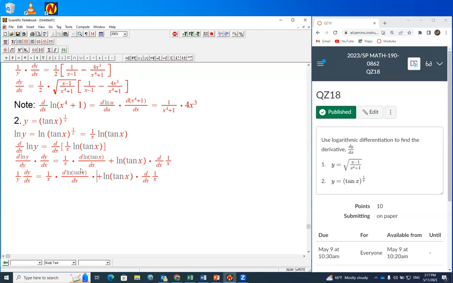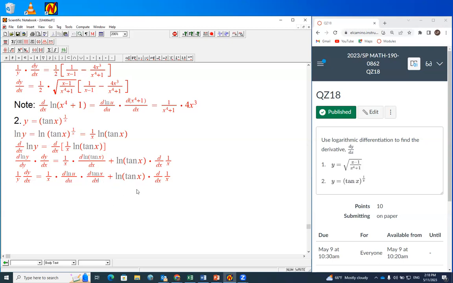Let's apply the chain rule. So that's our u, this is our u, that was tangent x, du, and this is du dx.